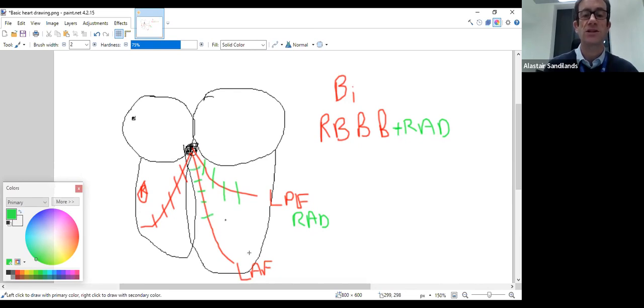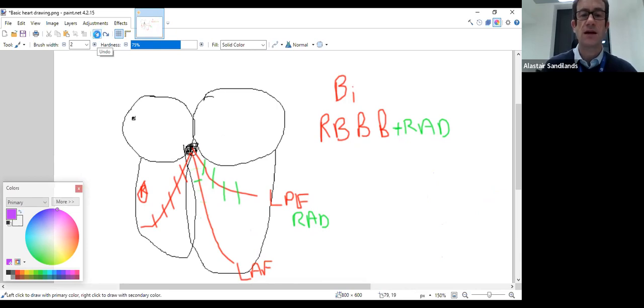And so this is the patient that will have the very distal escape rhythm from either here, if they go into complete heart block, or over here. So when this happens, complete heart block in bifascicular block, they have a broad escape rhythm. The QRS can be very broad as an escape rhythm, rather than being a narrow escape rhythm if it was escaping from just below the AV node. So that's just an example. That's bifascicular block when there's right axis deviation.